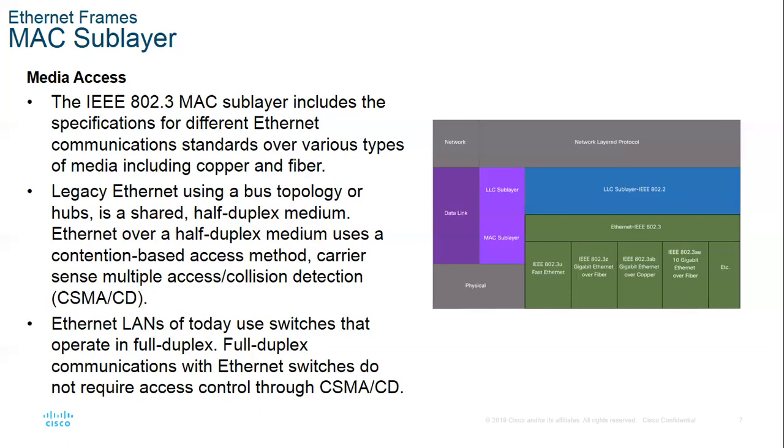Someone has to detect this collision, notify other hosts that there is a collision, and also manage and control the access to the medium to avoid such collisions. This is done by the protocol CSMA/CD. It stands for Carrier Sense Multiple Access with Collision Detection, which is a contention-based access method.